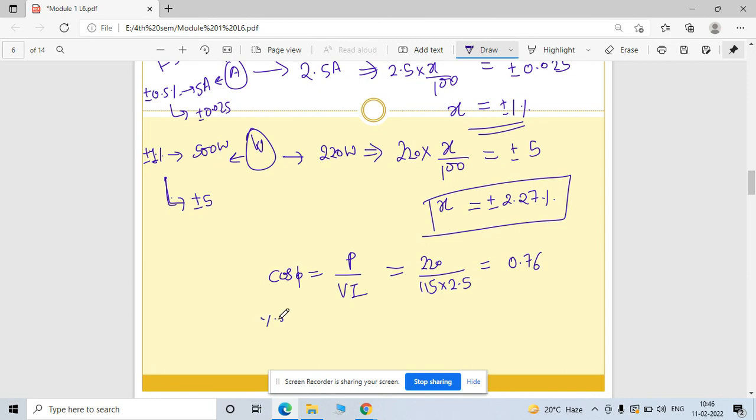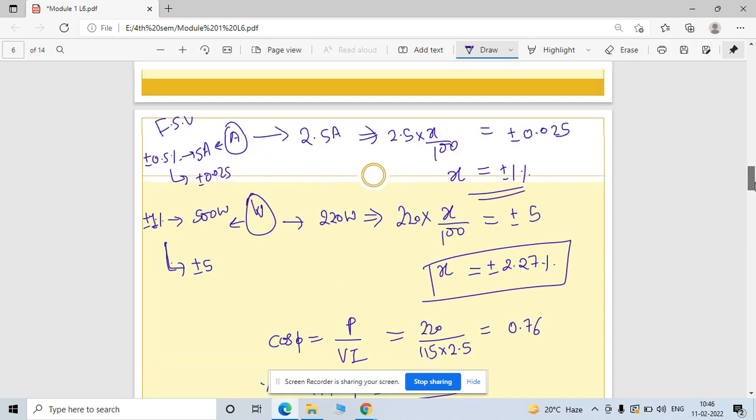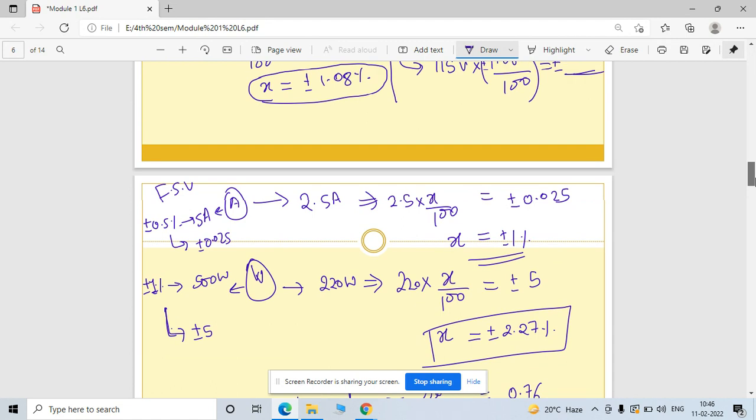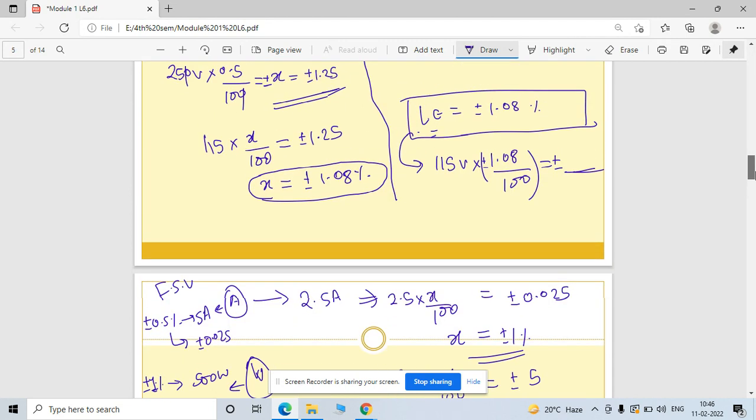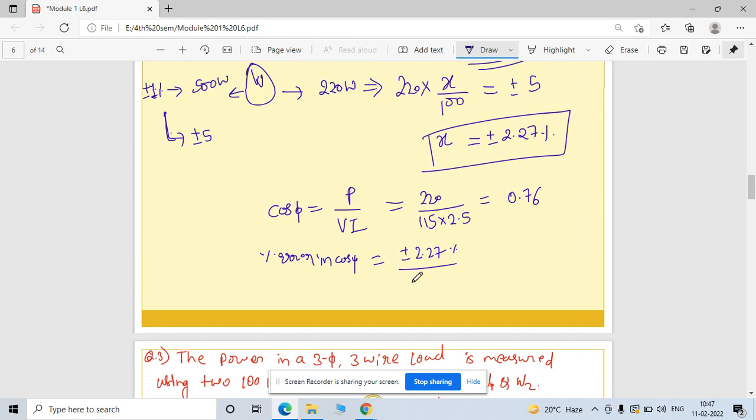Okay, percentage error in cos phi, you can say. न्यूमरेटर में कितना था, पावर के साथ कितना था, percentage error is plus minus of 2.27 percentage, and here is 1% and 1.08%, right? So this is your 1.08% into 1%.